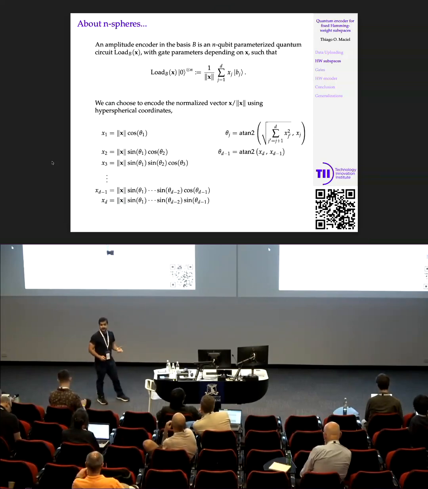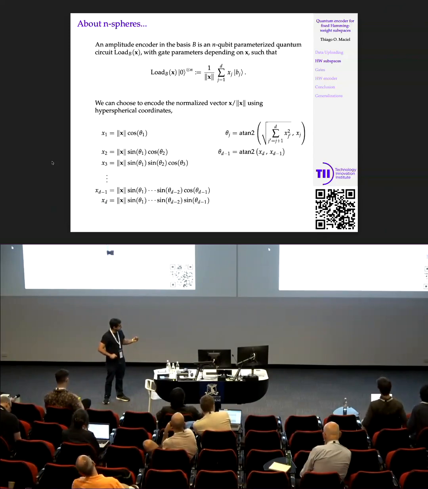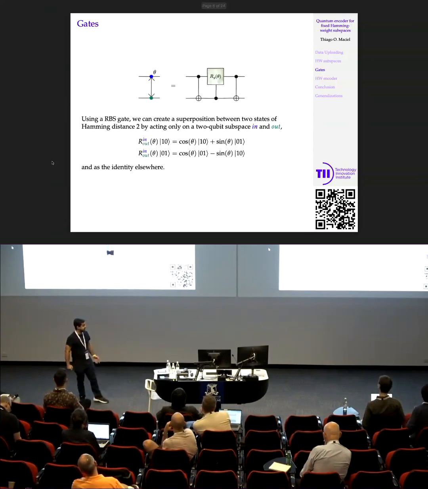The only thing that matters now is how we can construct these amplitudes in this very precise manner. We need this cascading of sines and cosines in this precise manner to obtain a hyperspherical representation of our data. One way of doing that is using RBS gates.